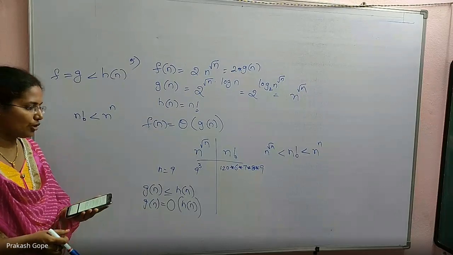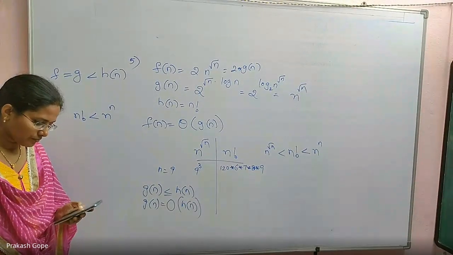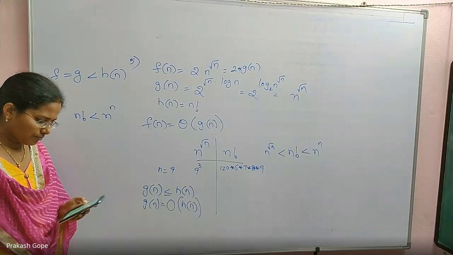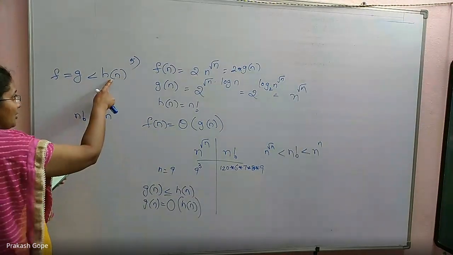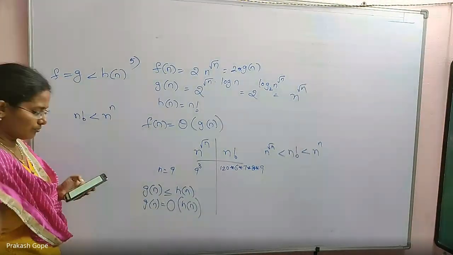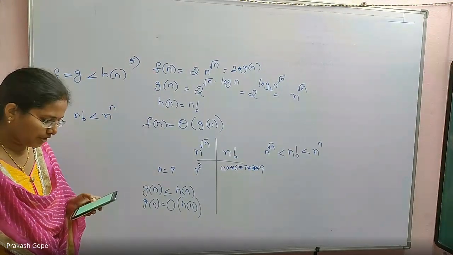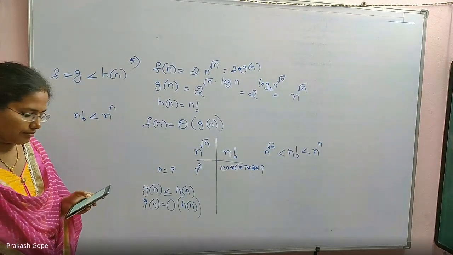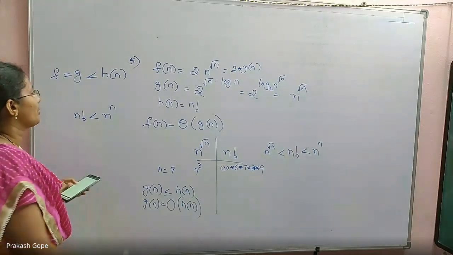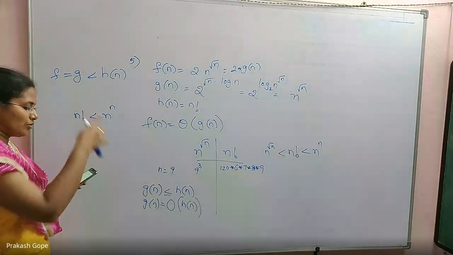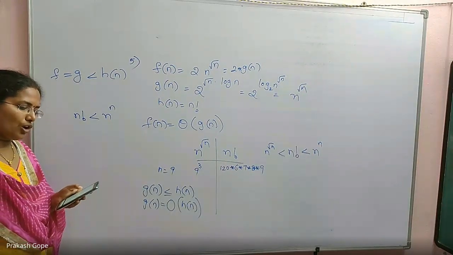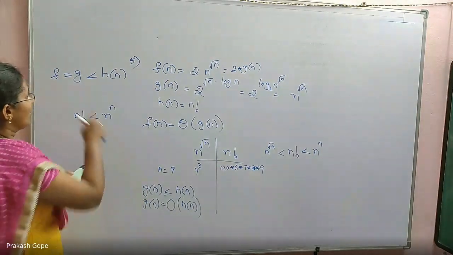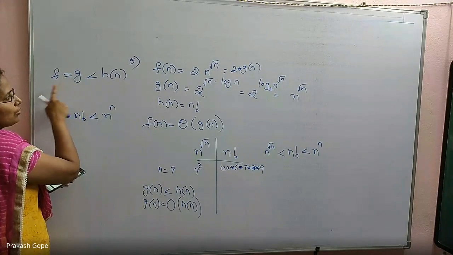So, which option is correct? Observe the values. Option A: h of n is less than f of n. Is h of n less than f of n? No. Option A is wrong. Option B: h of n is less than g of n is also wrong. C: g of n is not equal to big O of f of n.